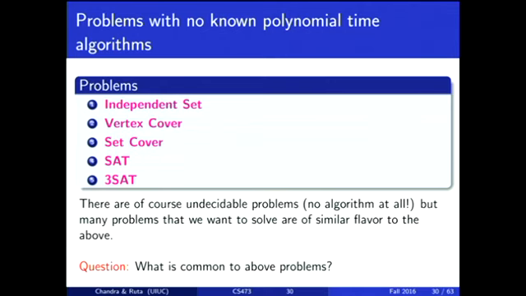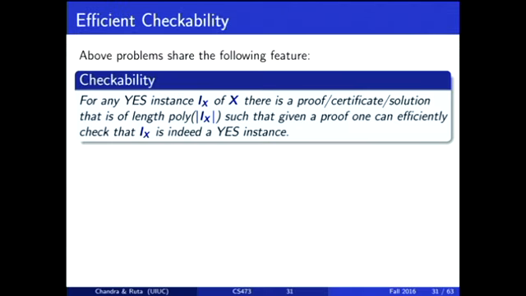Is there anything common about all these problems that we can think about in a unified fashion, rather than, oh, vertex cover I don't know how to solve, independent set I don't know how to solve, 3-SAT is different. Is there something common? And this is the field of computational complexity.